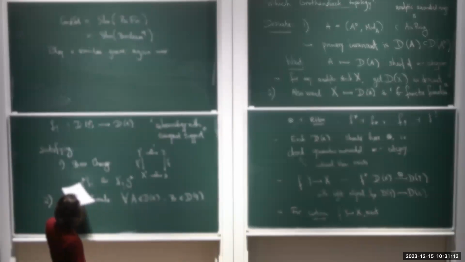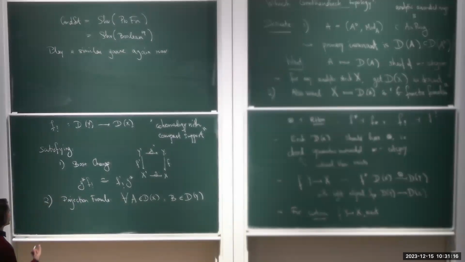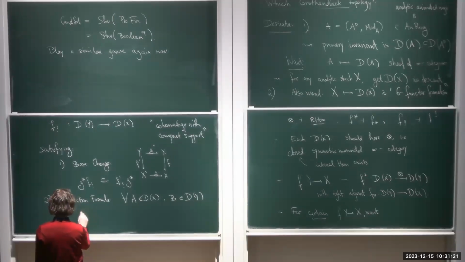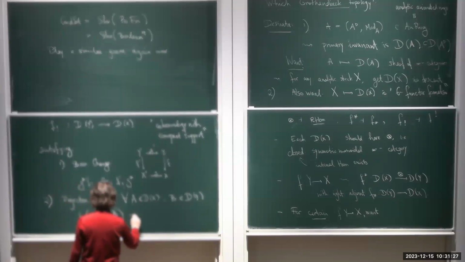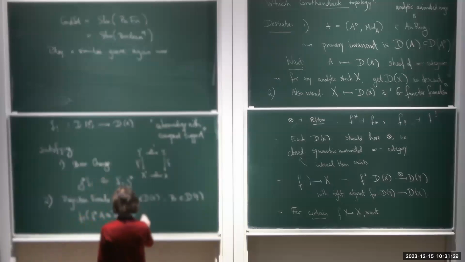And so the first thing is that with the pullback, they should just commute in this sense. And then with the tensor, you have the following property: whenever you have A and B, then f lower shriek of f upper star A tensor B should be the same thing as A tensor f lower shriek B.